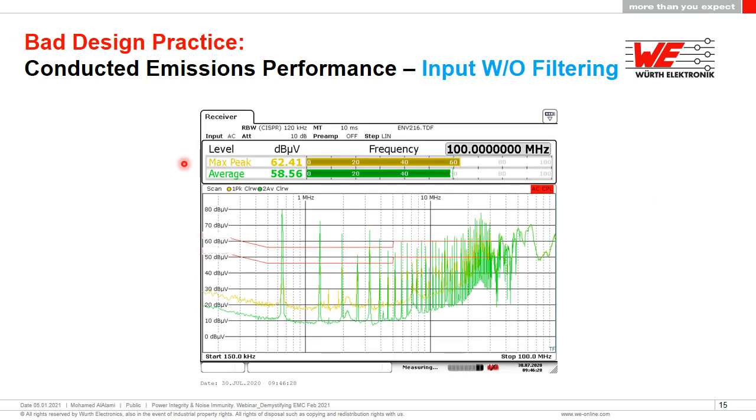So what we decided to do is look at how much attenuation we need to introduce as part and parcel, or to try to attenuate the highest peak that we have got at 630 kilohertz. So 80 dBs is the marker amplitude max peak, and if we look at worst case scenario, let's say this is the average, we need to bring it down to the 46 dB level or value, and that gives us 34 dBs of attenuation.